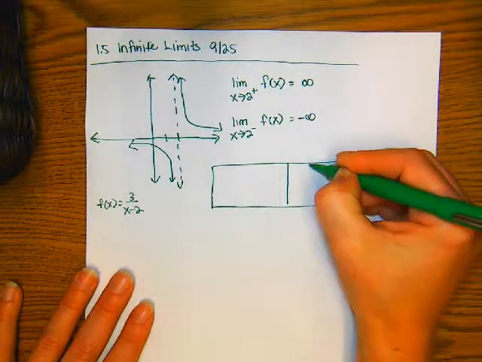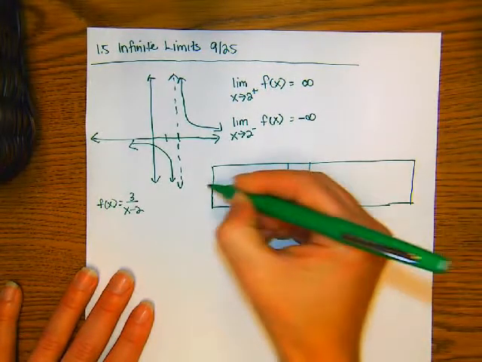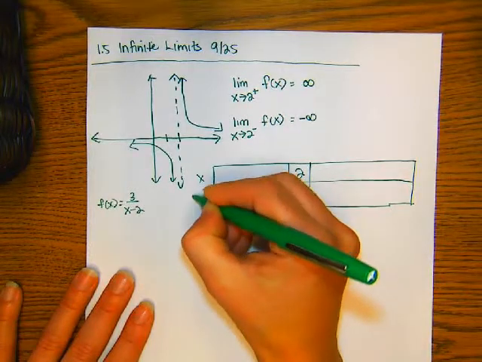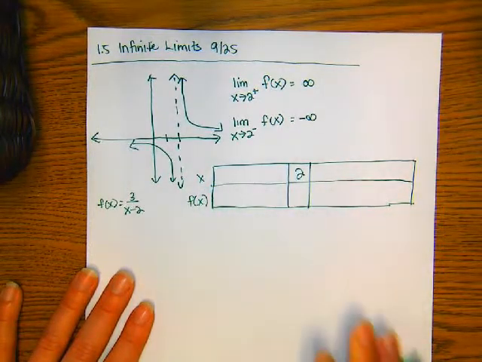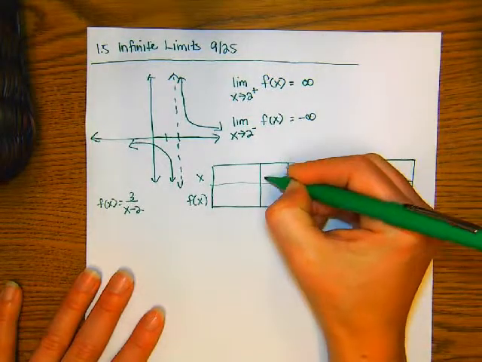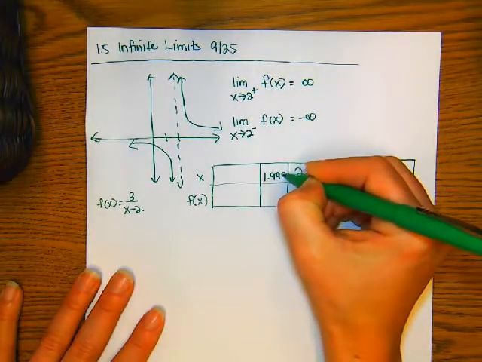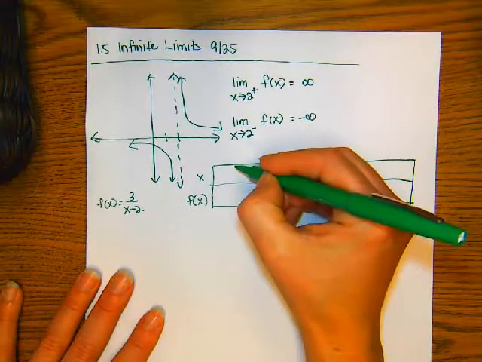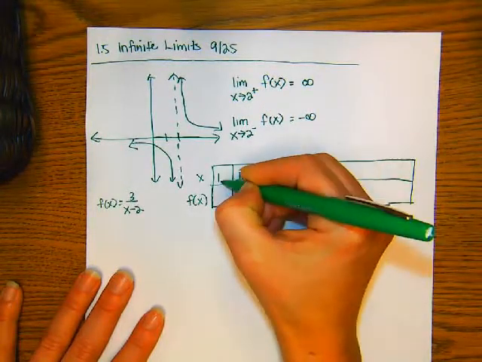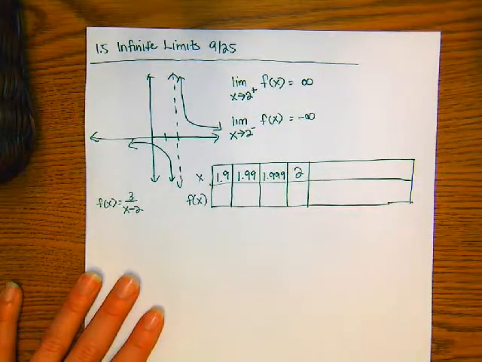We know that the function is undefined at 2, so I'm going to put 2 in the middle. And let's start getting closer to 2. So maybe we would make this 1.999 and 1.99 and 1.9.